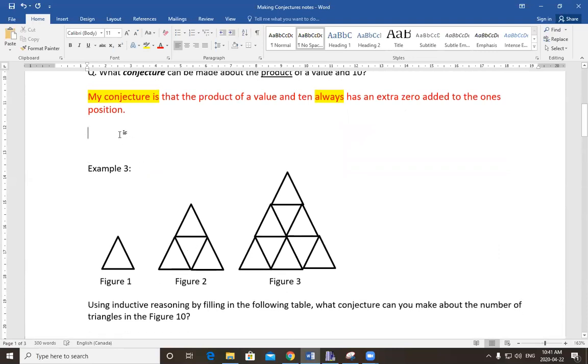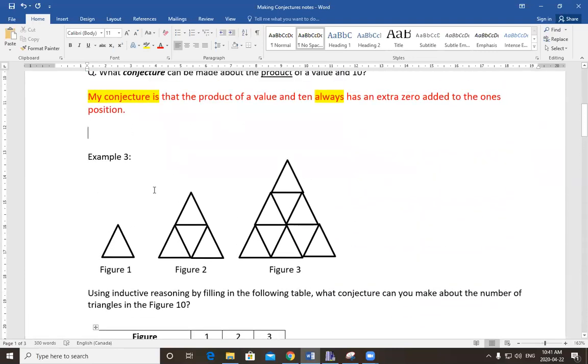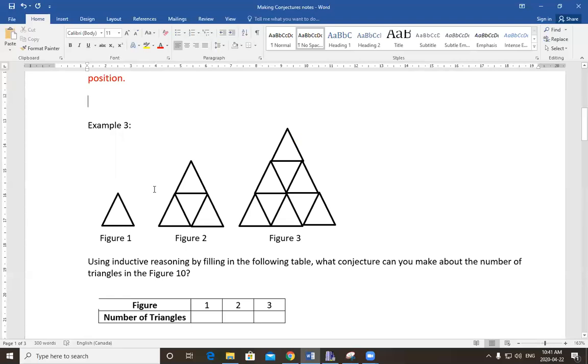We're just going to look at different examples here. So we have a figure of triangles, and you'll notice that we are consecutively adding new triangles in different levels to the shape. We are going to make a conjecture about the number of triangles in figure 10. We are going to fill in the table about the number of triangles in each figure and gather some information.